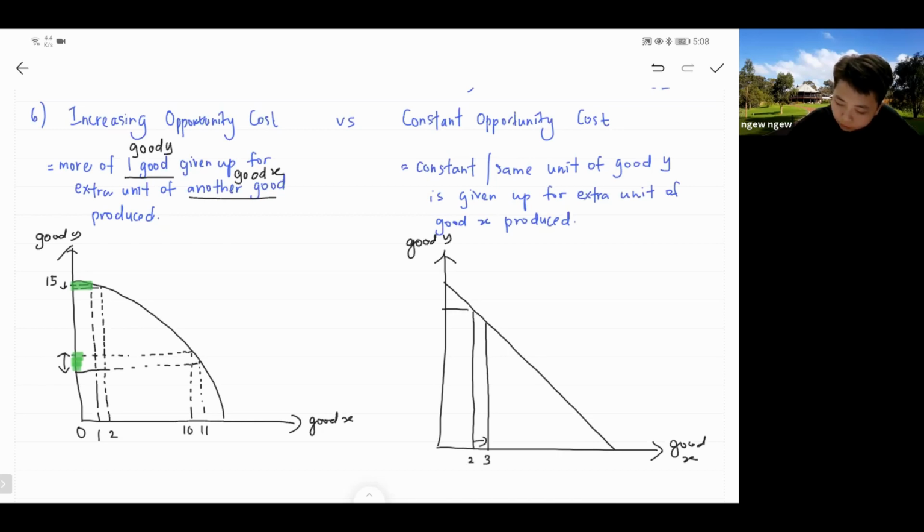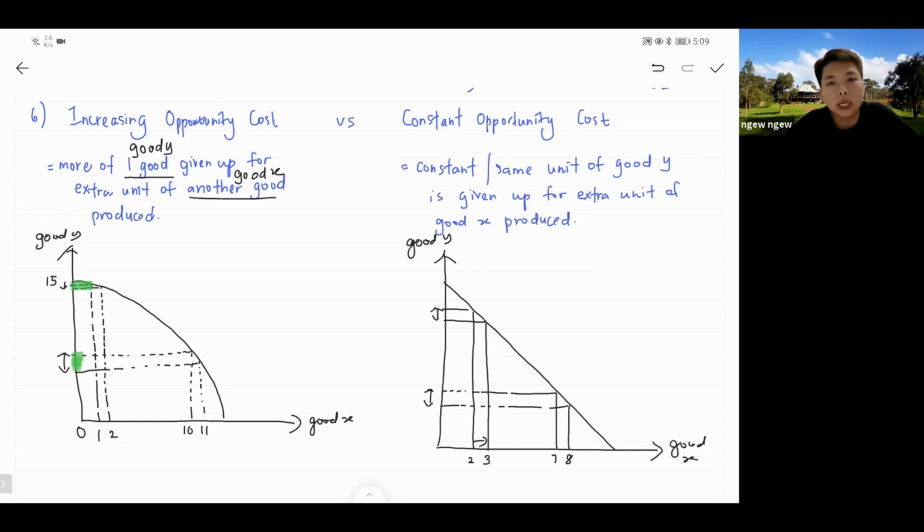This is the amount of good Y that you give up. Later on, you are increasing the output of good X by another 1 unit, and you will realize that you are giving up the same amount of good Y for an extra unit of good X. This is what we call constant opportunity cost. And this is how we can use PPC to show constant and increasing opportunity cost.